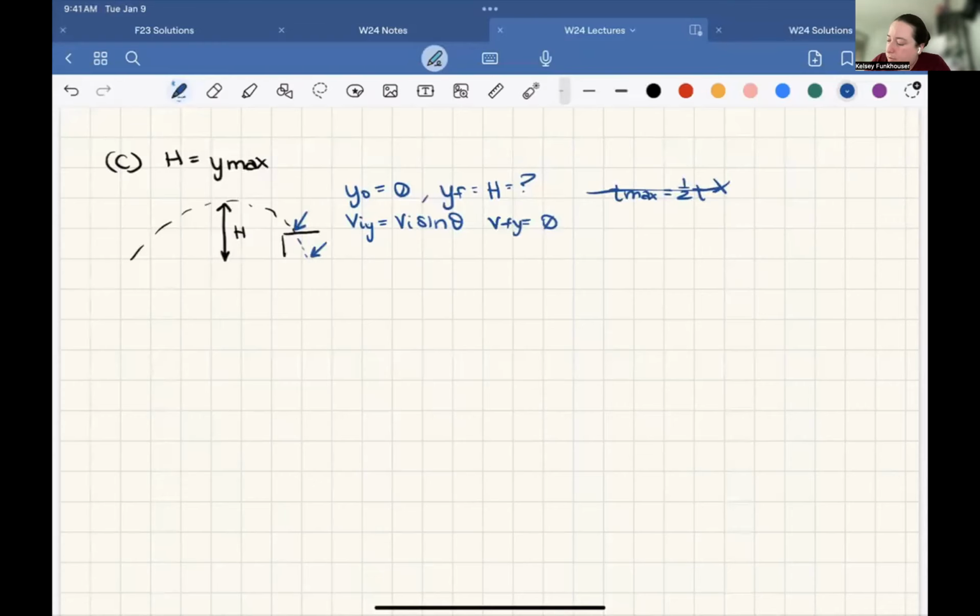Okay, and then we know acceleration in y is negative g. So looking at the stuff we have, since we don't know the time at this point, we can use the one equation that doesn't include time, which is v final squared equals v initial squared, I'm sorry I keep going between not and initial, I'll try and stick to initial, plus 2 acceleration times the displacement.